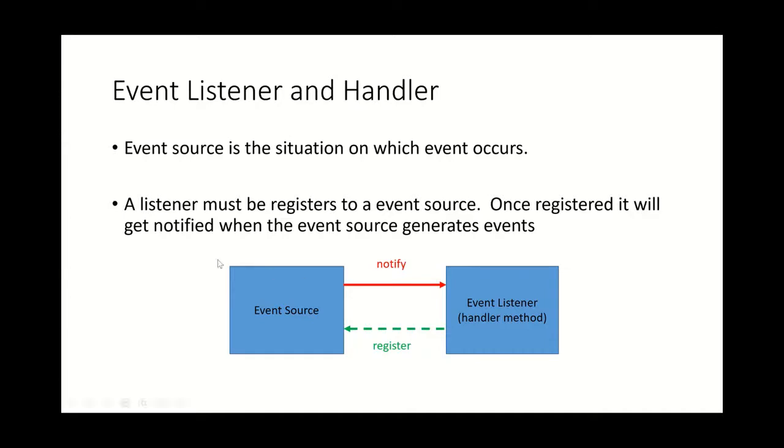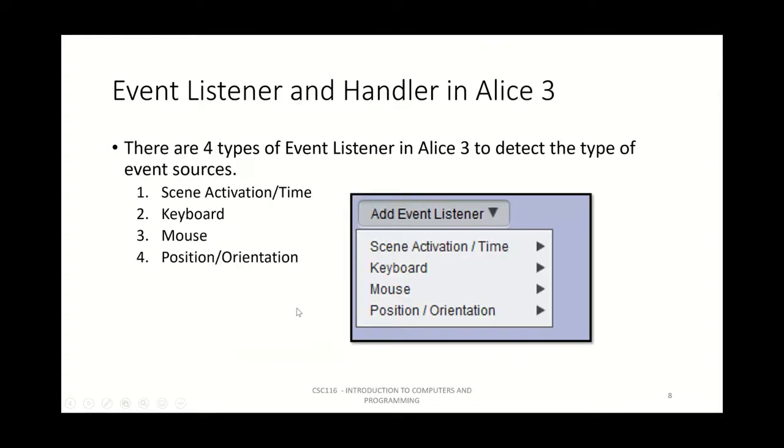The event source will notify the event listener, which is the handler method. For example, with the keyboard event listener, it will be notified by the keyboard. But the event listener must be registered first to the event source, the situation.